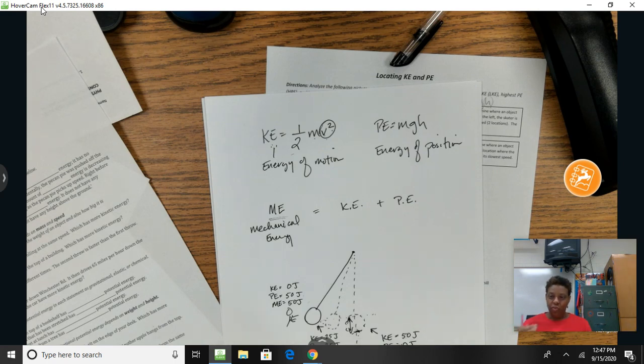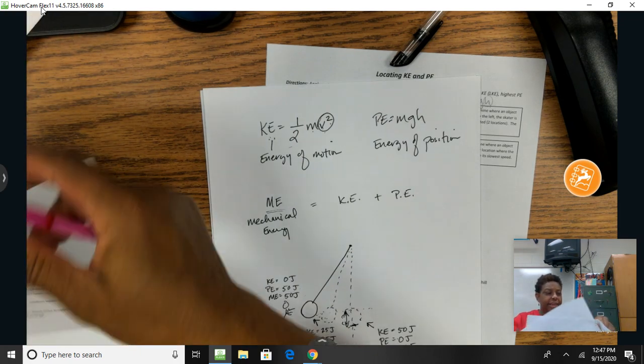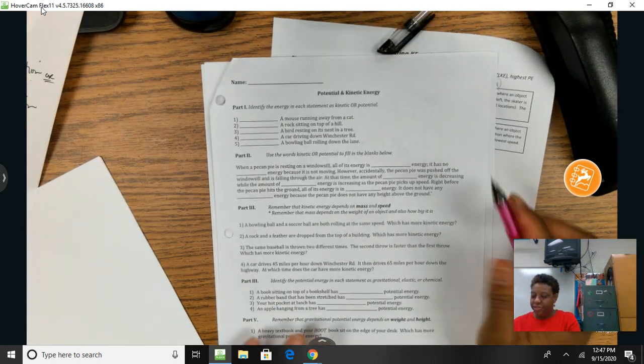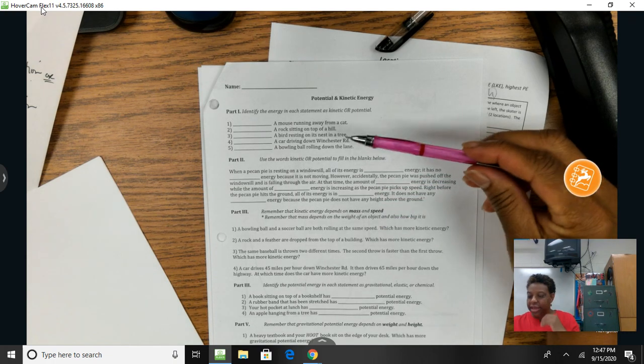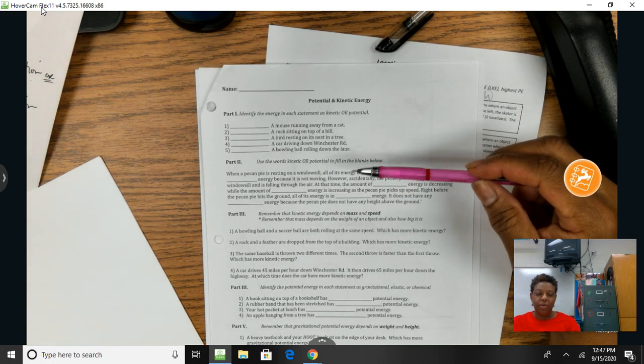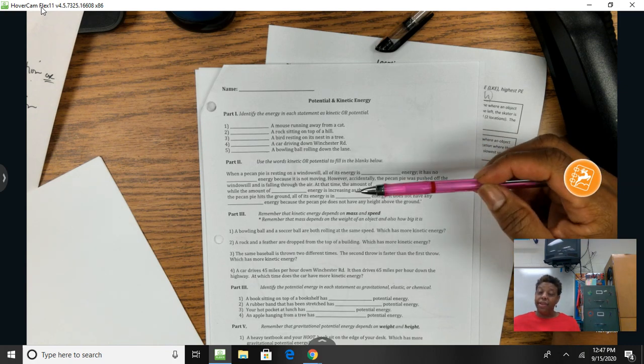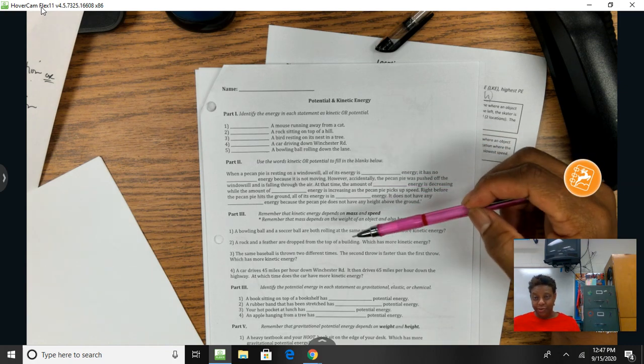So I'm going to help you build that skill of problem solving in a particular way. And then finally, what I'm going to ask you to do is look at this sheet. And again, here, all you're doing is determining whether the energy that's presented in the situation is kinetic or whether the energy that's presented is potential.